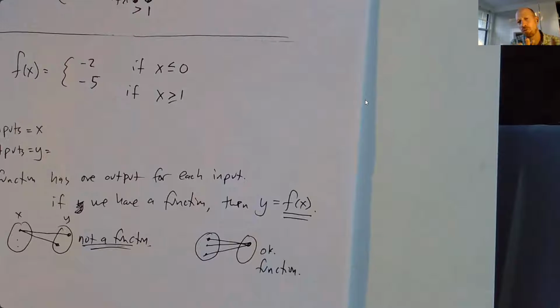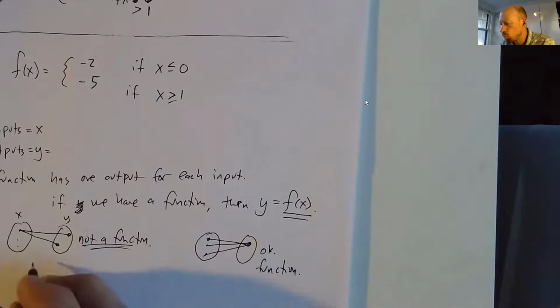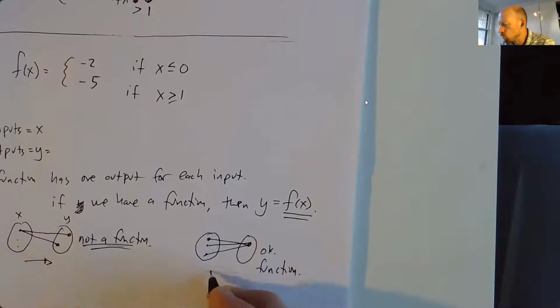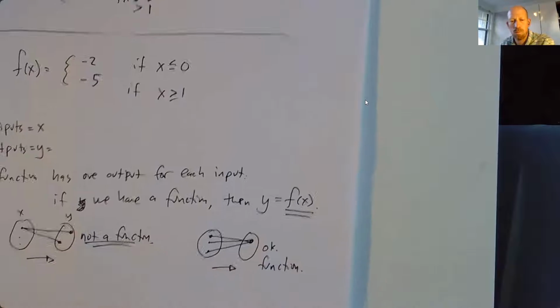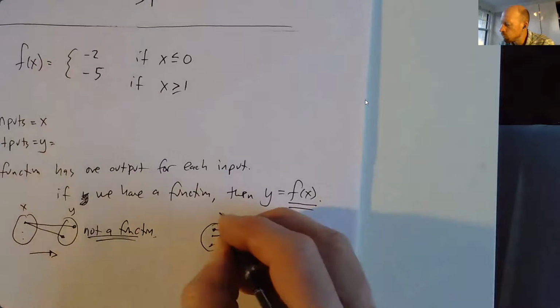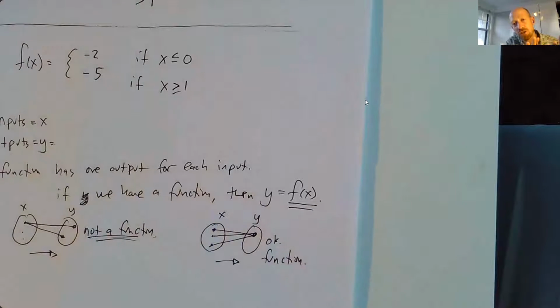We think of a function starting with the x's, the inputs, and then going to the outputs. When you give it an input, often a number for us, but it could be other things too, like 2, you should get an output, maybe 7.